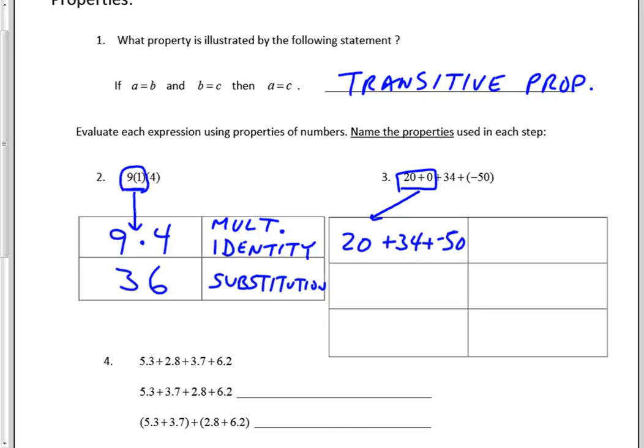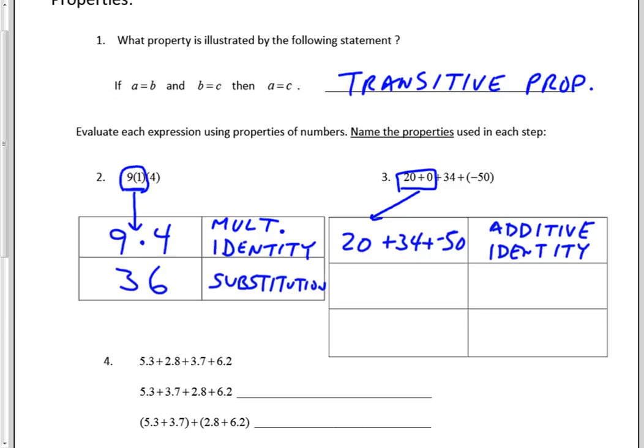We don't call it adding with 0. What do we call it? Additive identity. When you multiply by 1, that's multiplicative identity. When you add 0, that's additive identity.